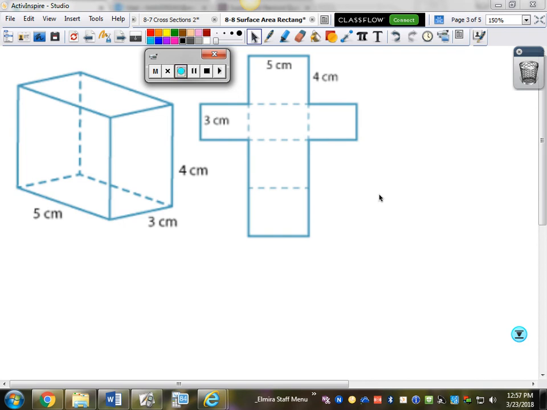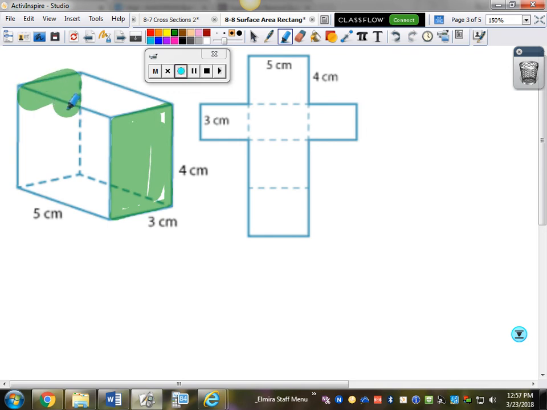So for example, this is one of my sides, and back here is the same side. They are exactly the same.